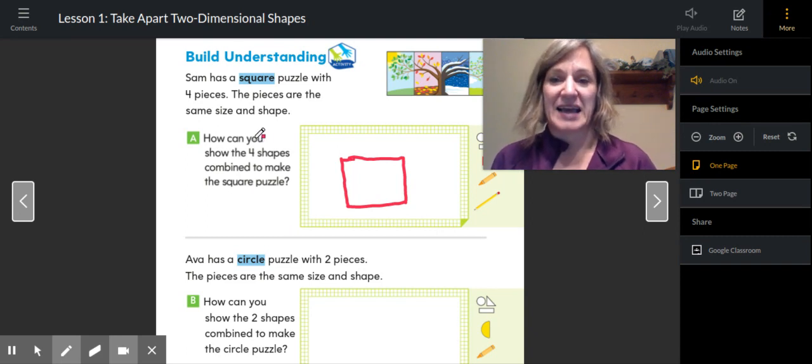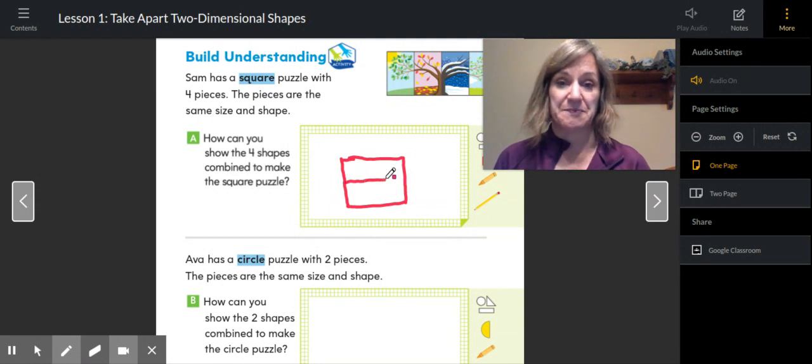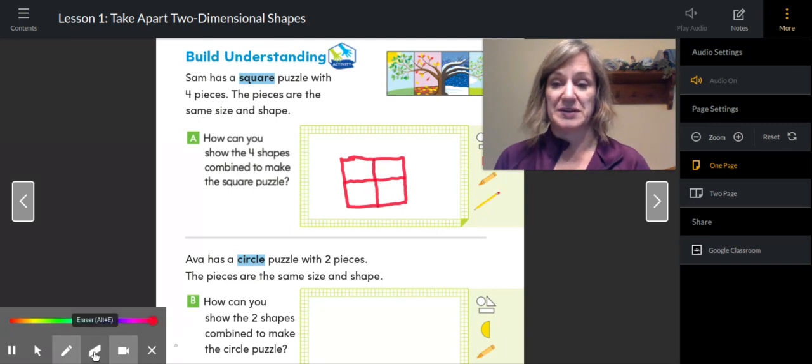And part A says, how can you show the 4 shapes combined to make the square puzzle? So you actually have some choices. The 4 pieces have to be the same size and same shape though. So most people would think about doing this, cutting the puzzle like this. Okay, and that is one choice.